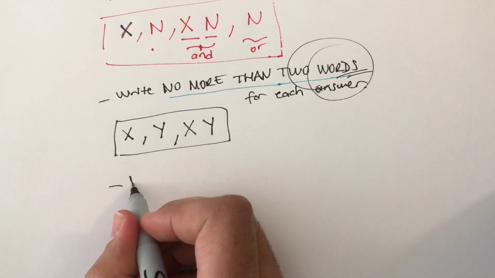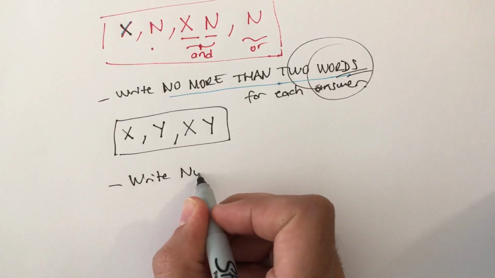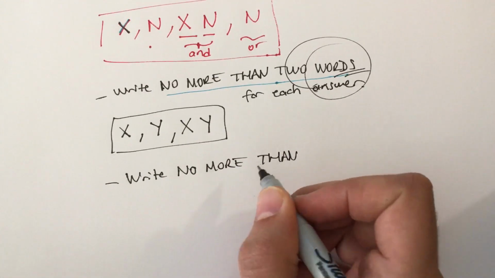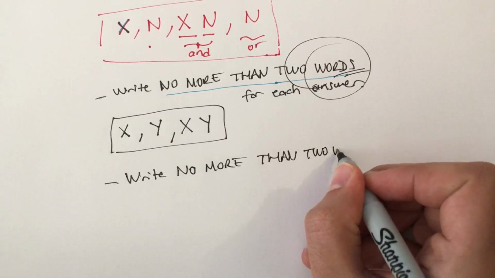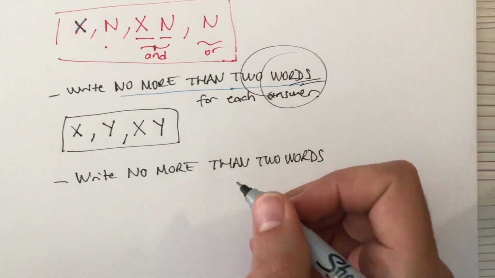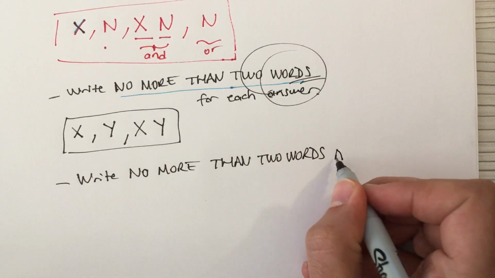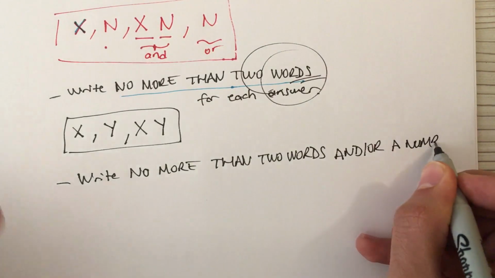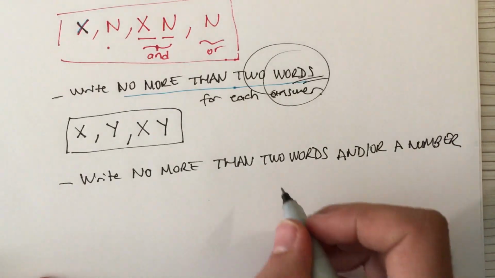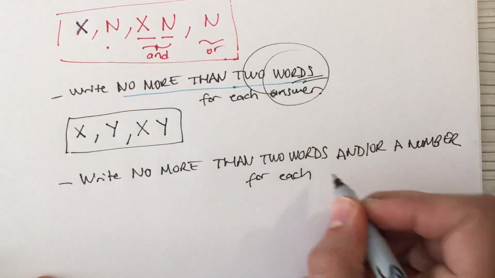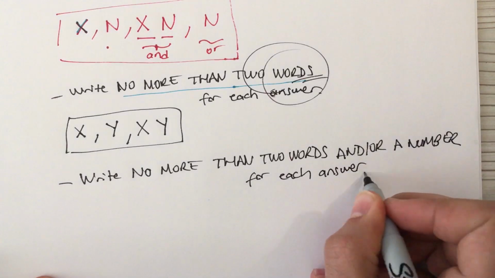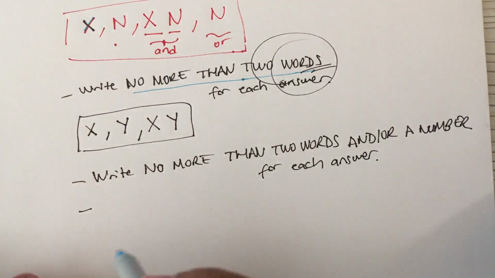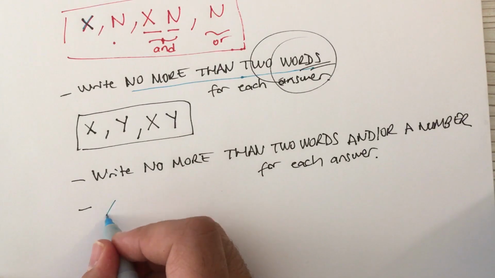Okay, the third one is write no more than 2 words and or a number for each answer. In this case, the possible answers will be X only.